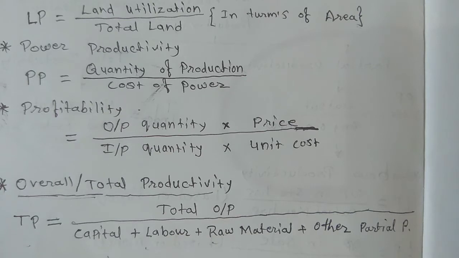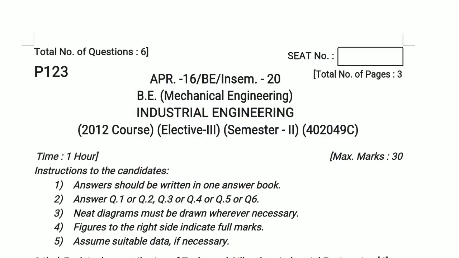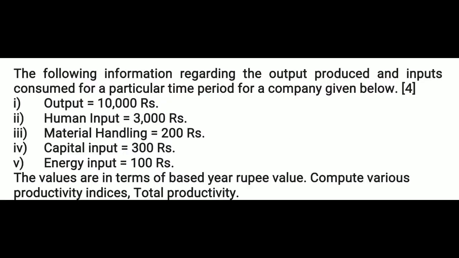Let us see what type of numerical is asked in the university examination. This is from April 2016 in the same paper of industrial engineering. One numerical based on productivity is asked in this examination. Just read it. The following information regarding the output produced and input consumed for a particular time period for a company is given below.